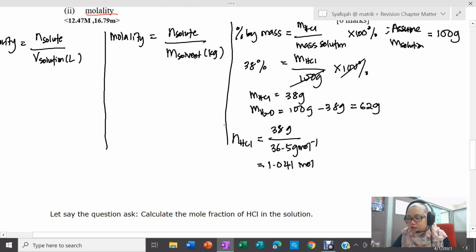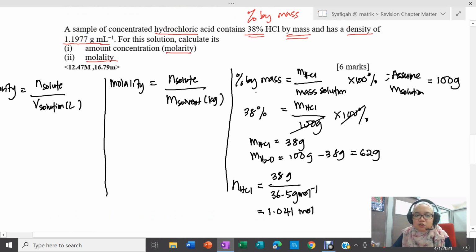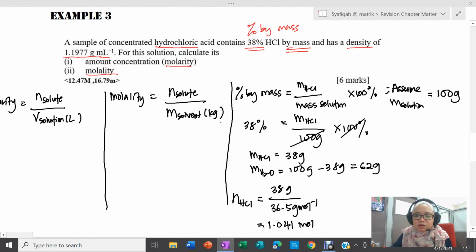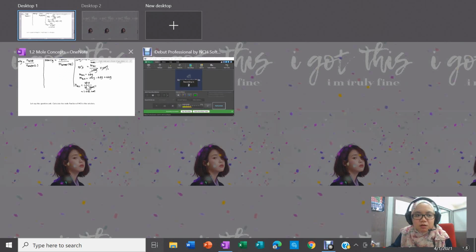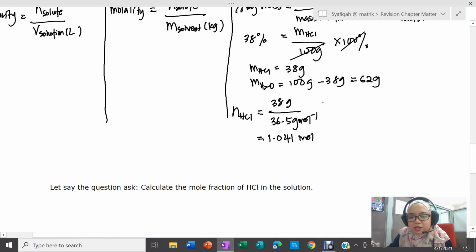Okay, second kita nak cari apa? We want to find the volume solution. So macam nak cari volume solution, dia bagi kita density, betul? So as you know, okay, density solution is equals to mass solution divide dengan volume solution.